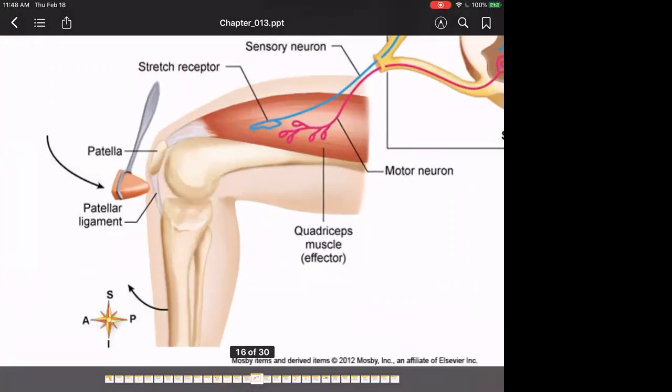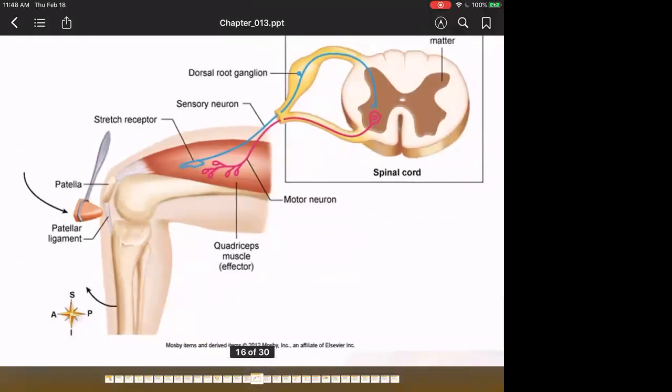And that is going to cause the stretching of the quadriceps femoris tendon as well, not the ligament, the tendon as well, which activates those stretch receptors in the muscle, which send the signal up to the spinal cord, which interacts with that interneuron, and then it sends a signal down that motor neuron to tell that muscle to contract.